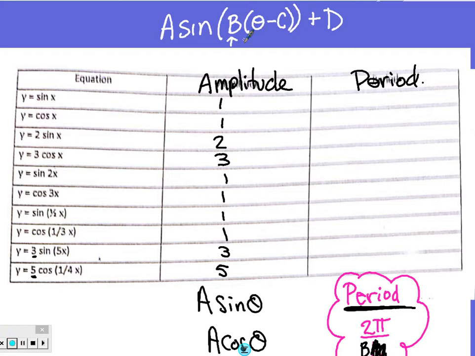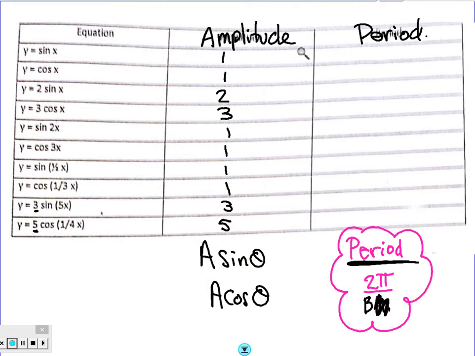Okay, let's look at it real quick. Here we have a period. If this right here inside, I'm looking for what's inside here. So I just have 1 theta, or 1x. The number in front, that is my b value. b is 1.